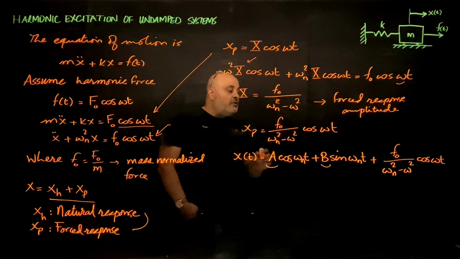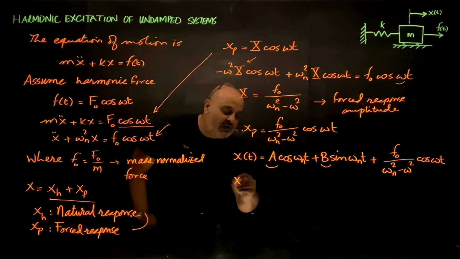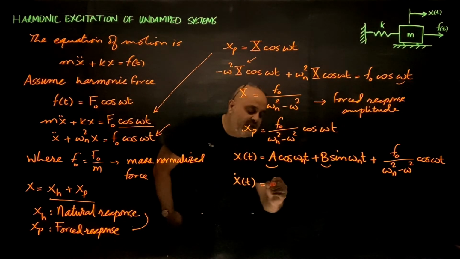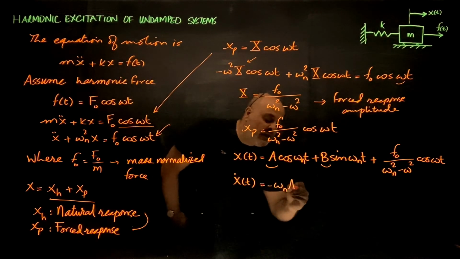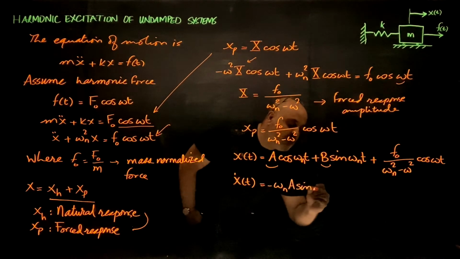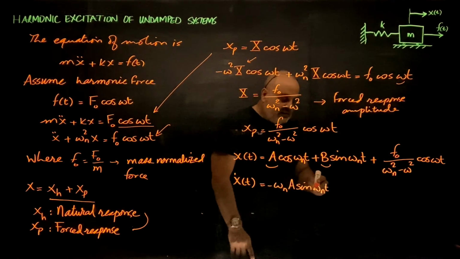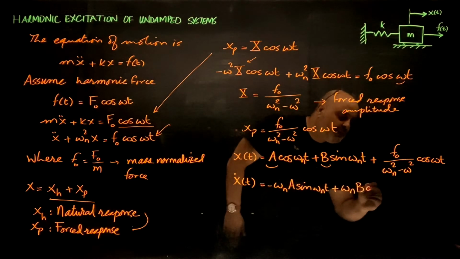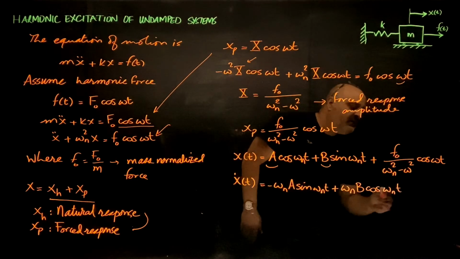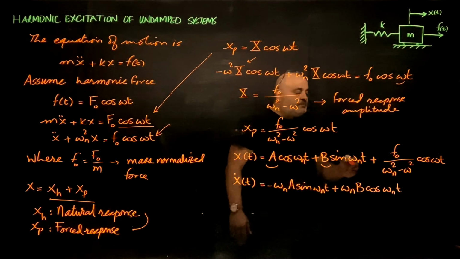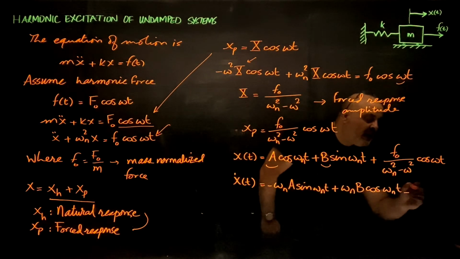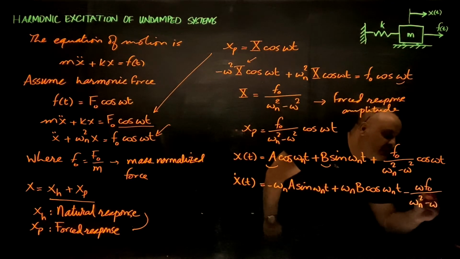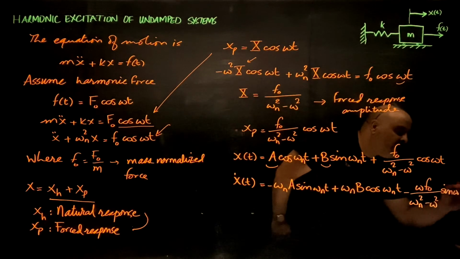So I will have to use the derivative, x dot of t of this response, which is negative omega n A sine omega n t plus omega n B cosine omega n t minus omega f0 divided by omega n squared minus omega squared sine omega t.